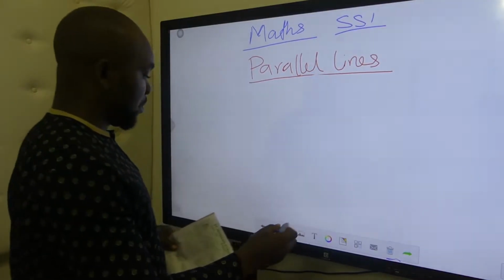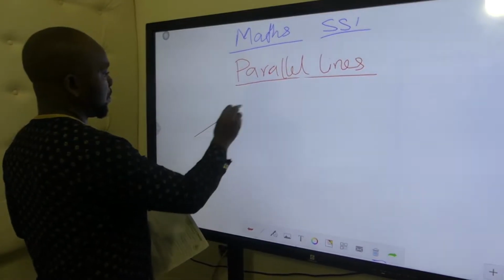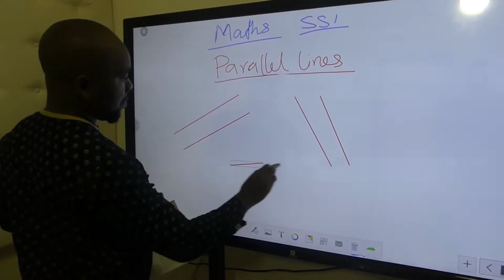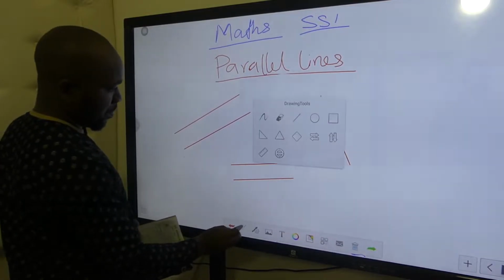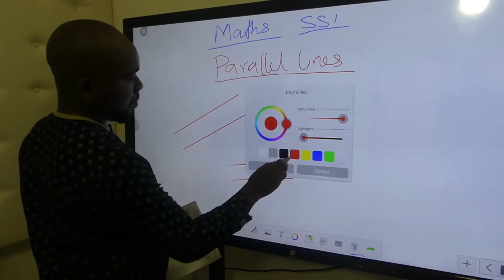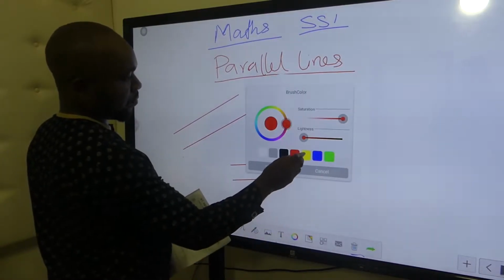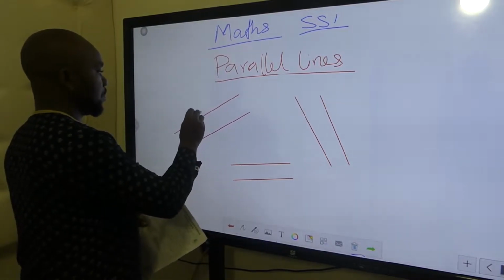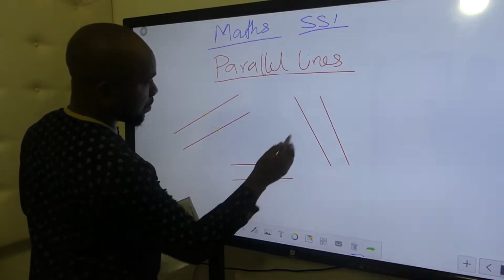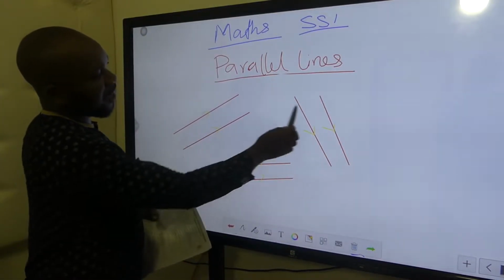For example, so these lines are called what?